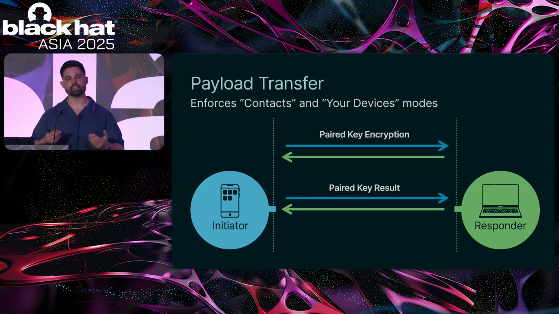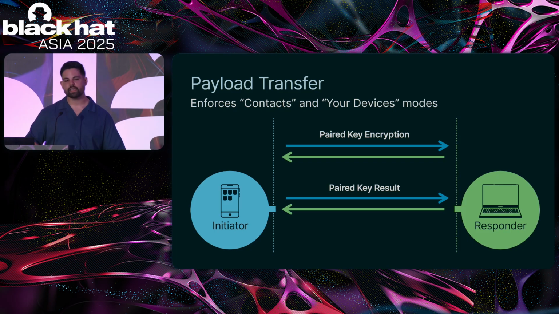So both sides send this paired key encryption packet, and then in the same form, both sides send a paired key result packet. At first, we were not able to understand the meaning of these packets, but with a few experiments, we managed to understand that their purpose is to enforce the device visibility modes.